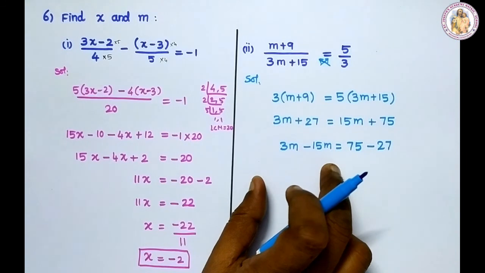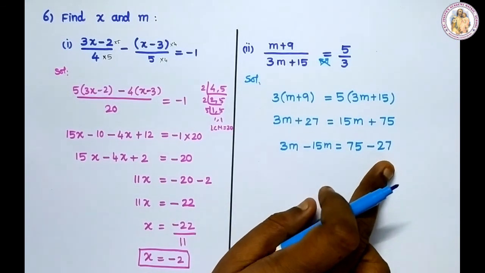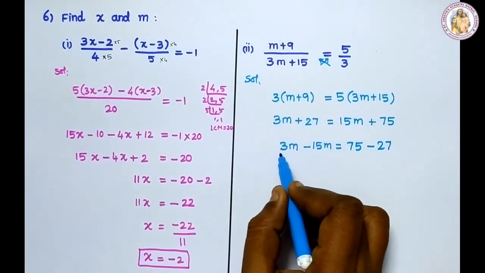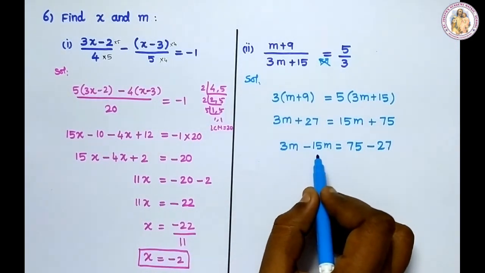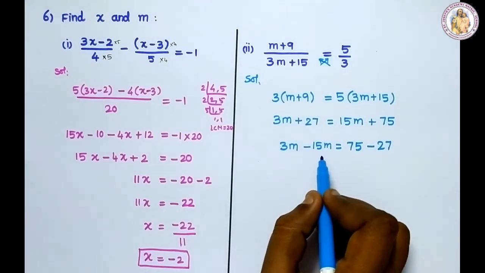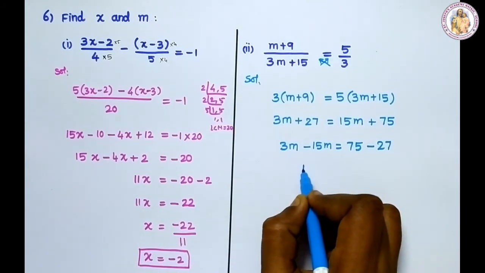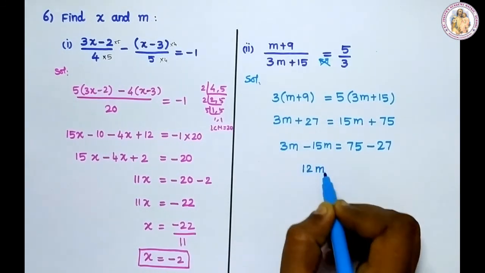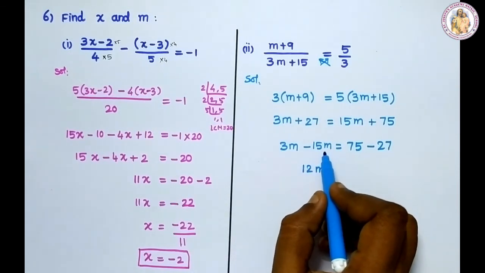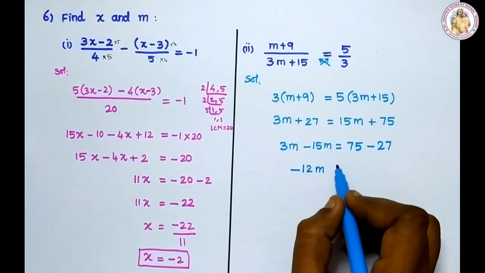So we assemble the variables in one side and numbers in one side. Now solve that. Plus 3m minus 15m, different sign. So we have to subtract the numbers. We get 12m. 12m is the difference. Which one is greater here? 15m. That sign is minus. So put the minus sign.